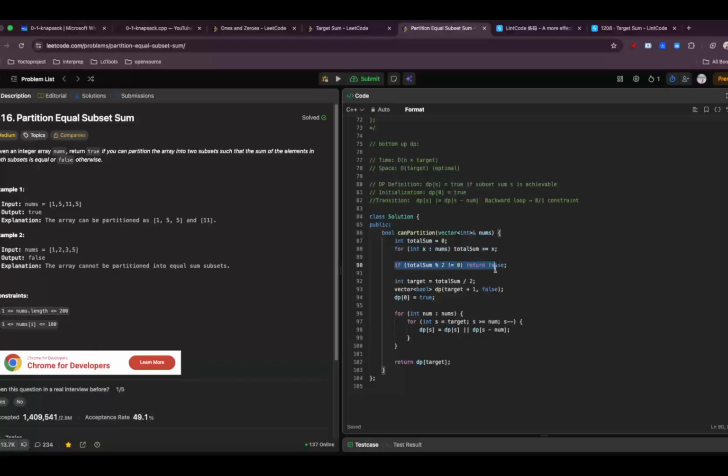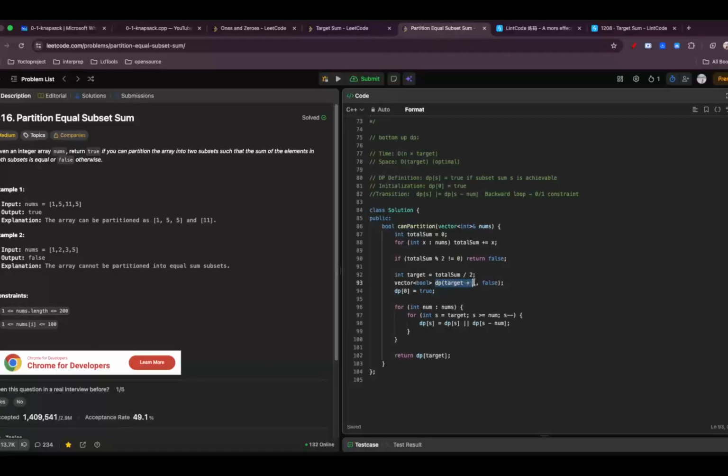This is the base case, then our target. Till this part everything is similar to what we did till now, because this is the mathematical thing which we require. Now the next thing is that 2D thing: we will be storing at a particular target. We are not concerned with changing index.